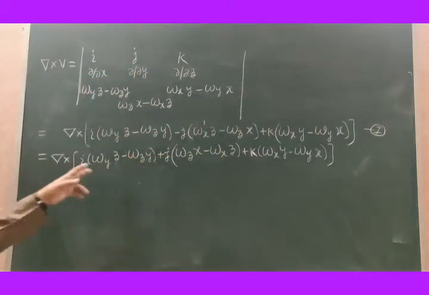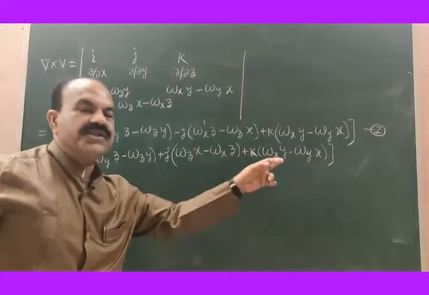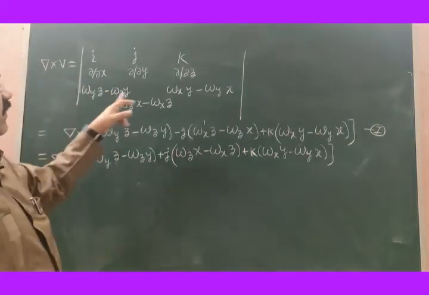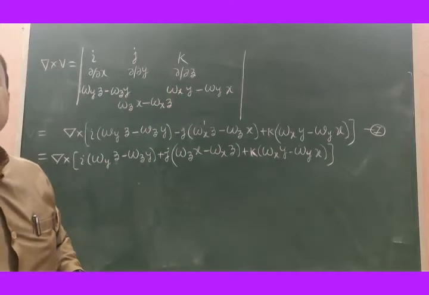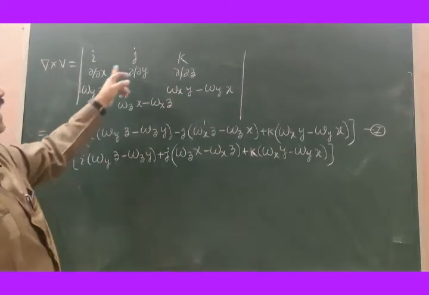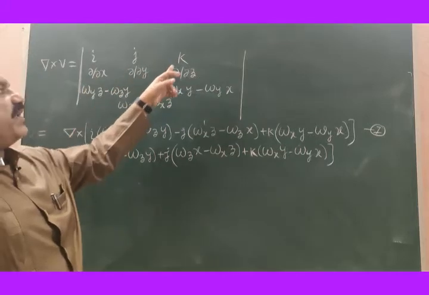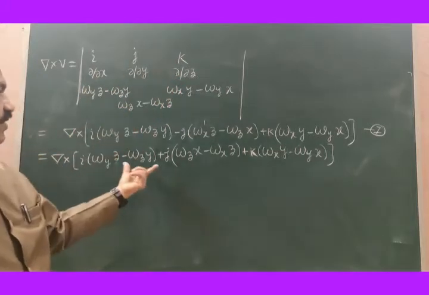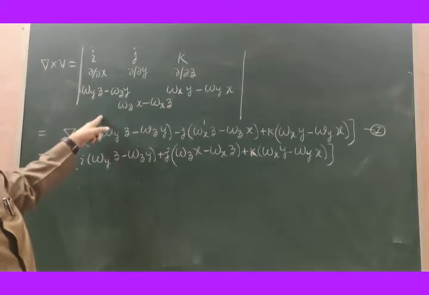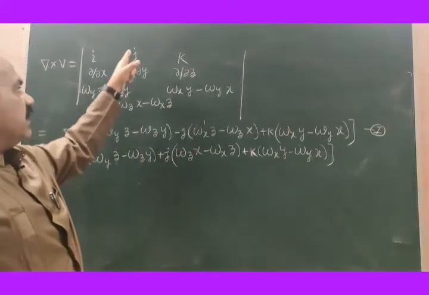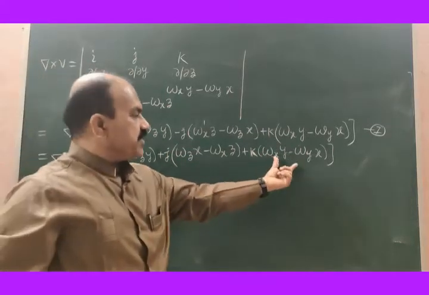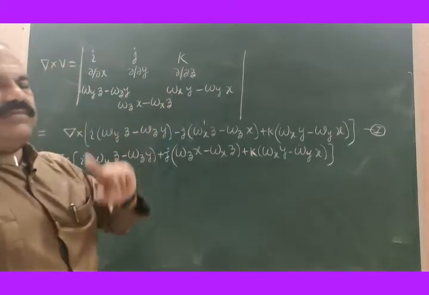The cross product of this vector and this square bracketed vector will be represented by this determinant: i j k first row, second row dou by dou x, dou by dou y, dou by dou z, third row this term in the first column, this term in the second column, this term in the third column.